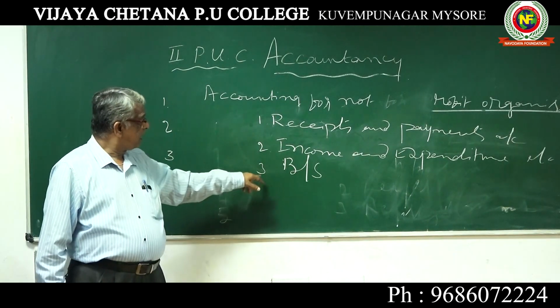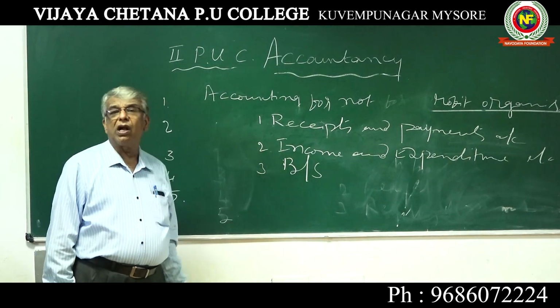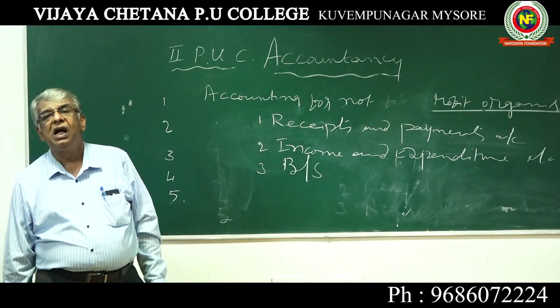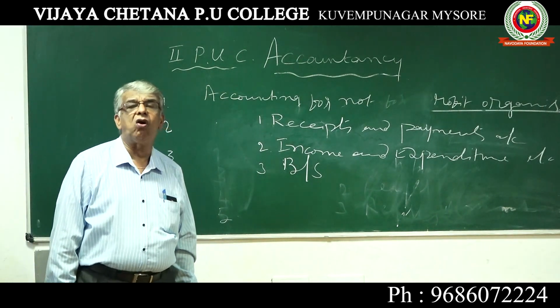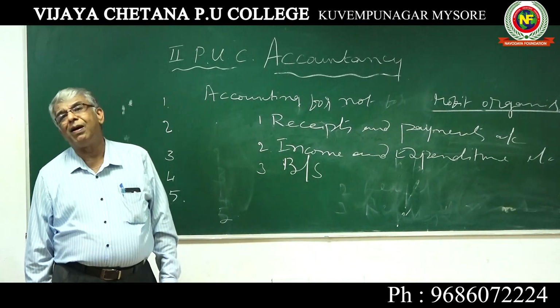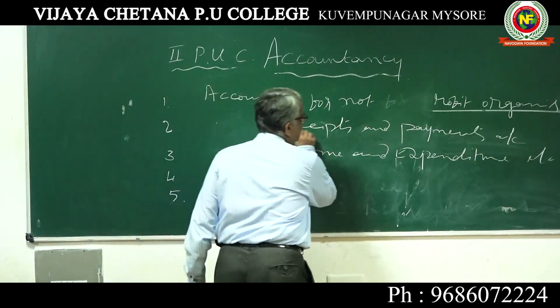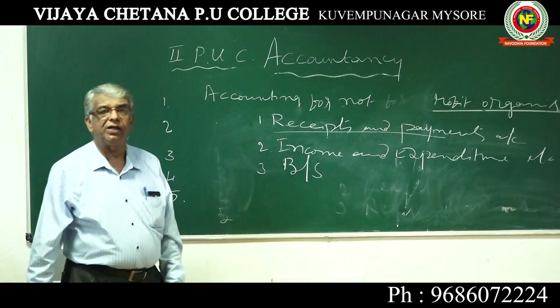The difference between receipts and payments represents either the closing cash or bank balance, or both the cash and bank balances. So this is all about the receipts and payments account.